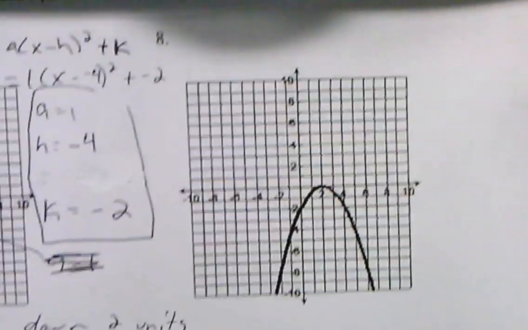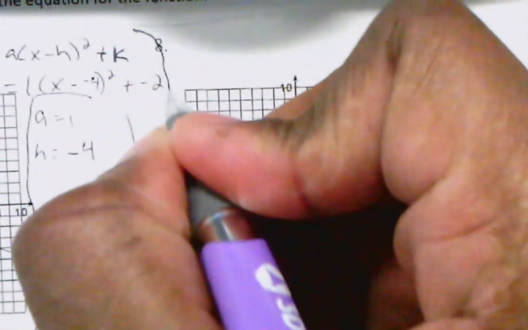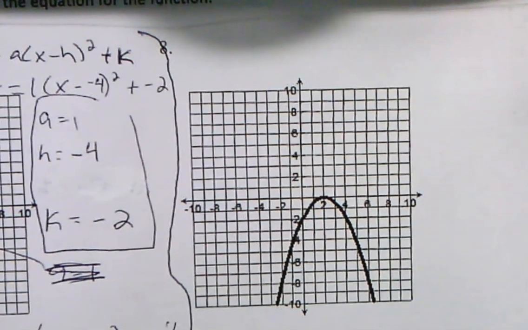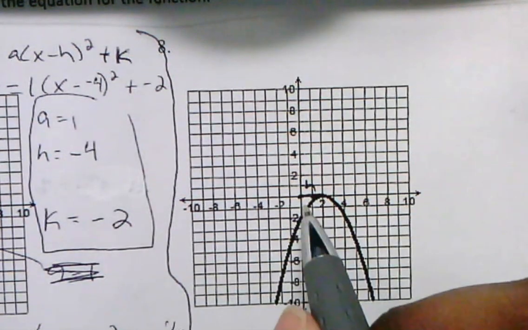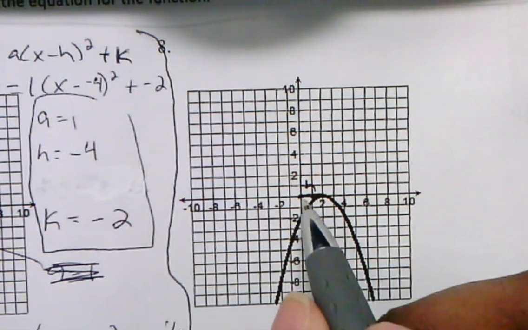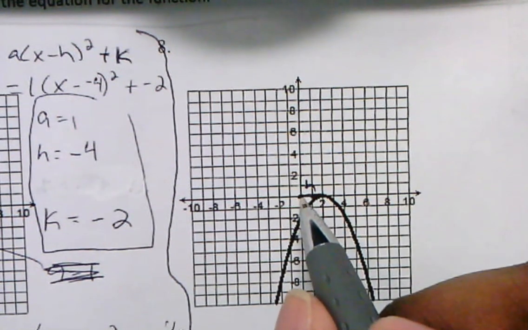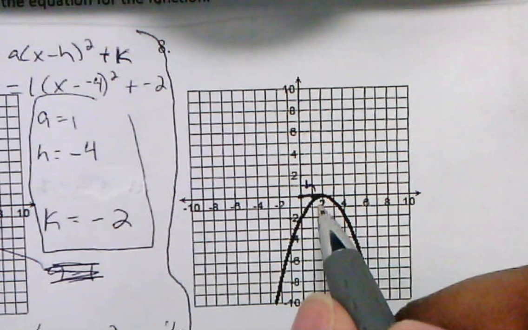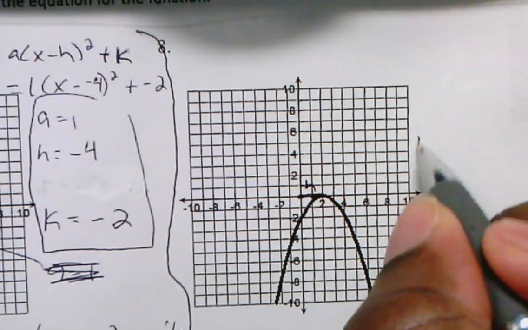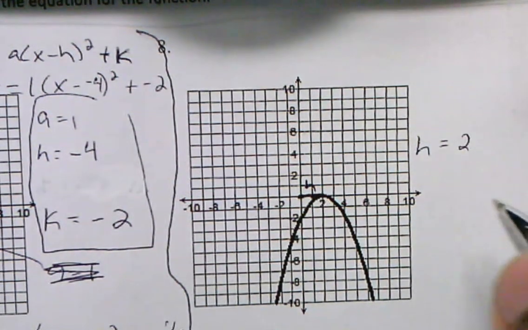Look at a new one, the one next to it here. Again, if we start here, h and k is how far you move left or right from the origin. I moved the vertex to the right 2 units, but I didn't go up or down. So h is 2 because I went to the right.